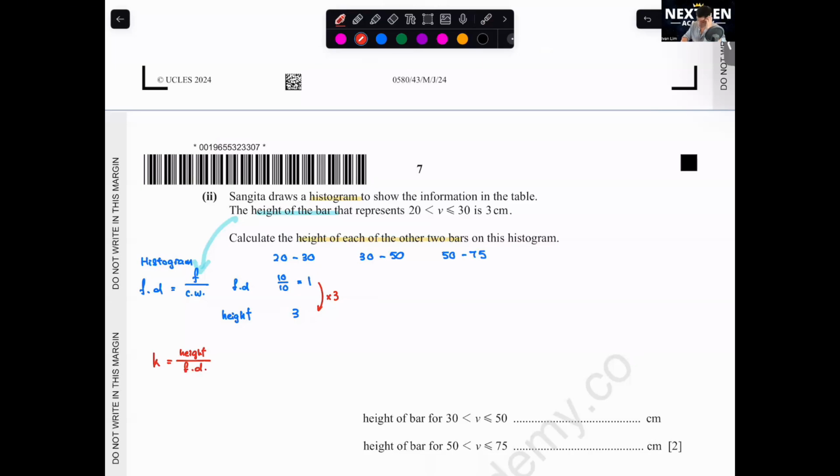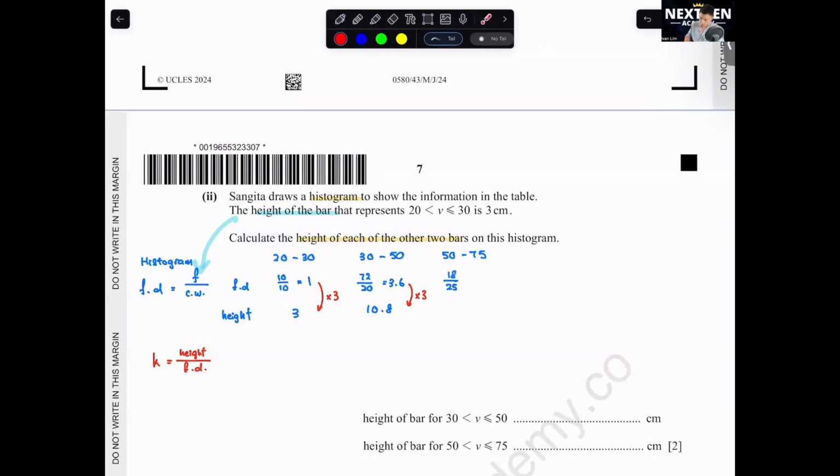I want you all to go and calculate the frequency density for these other two first. So 72 over 20, which is equal to 3.6. So 3.6 is the frequency density value, not the height itself. To find the height, you need to multiply by 3, which you will get 10.8 cm. Over here, you get 18 over 25.